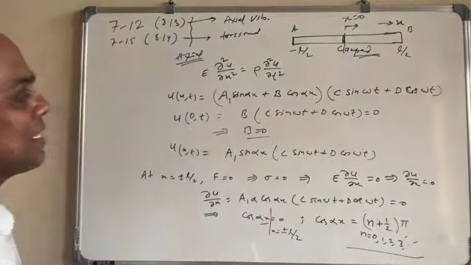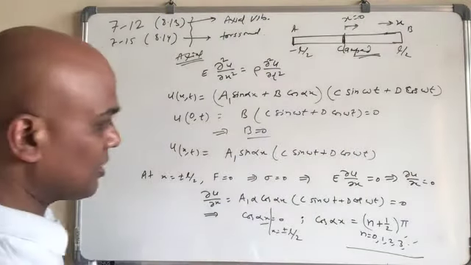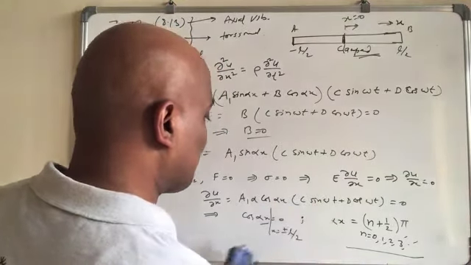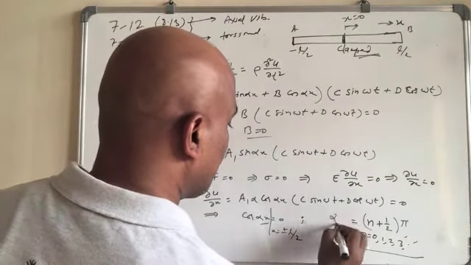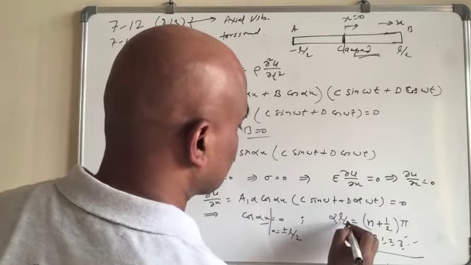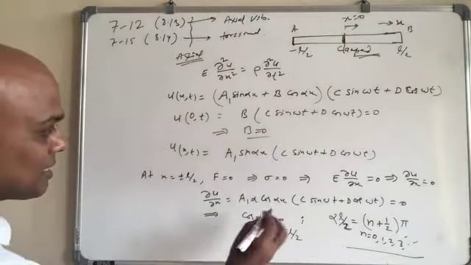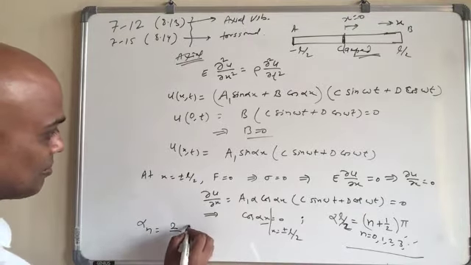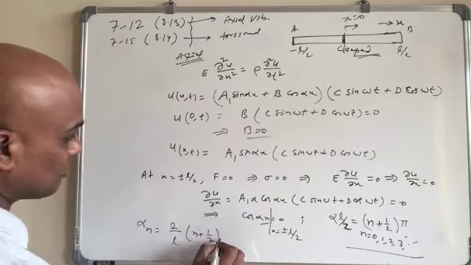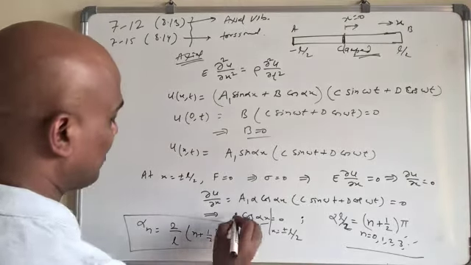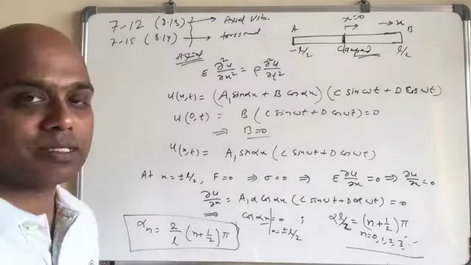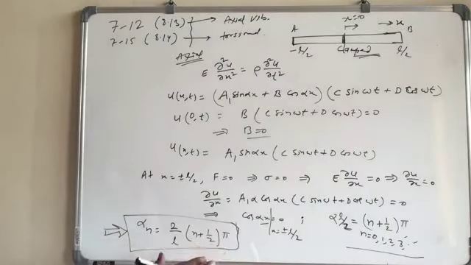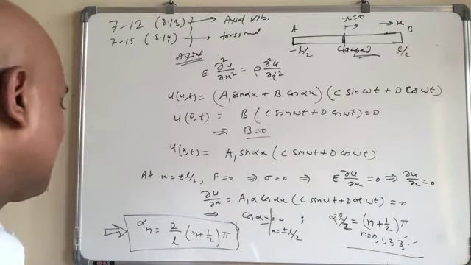This is the equation you get. That really means alpha times L over 2 is equal to this, and hence alpha n equals 2 over L multiplied by n plus half times pi. So you get a definite alpha, and all others remain the same. The boundary condition is the one that gives the value of alpha, and based on this you can solve the other things automatically.